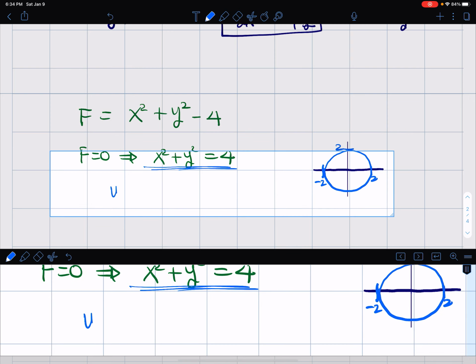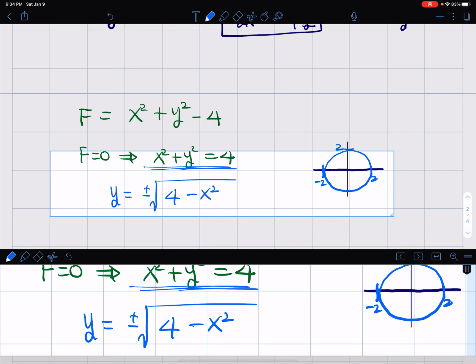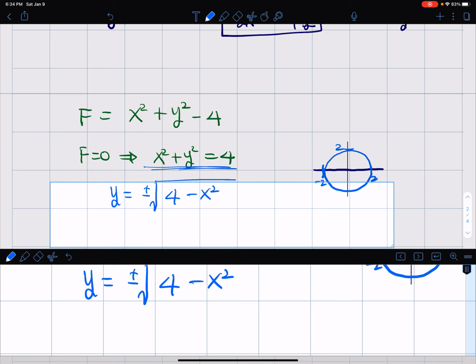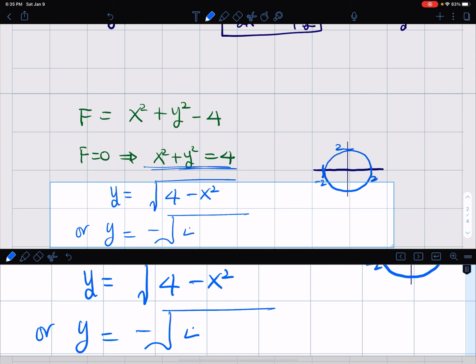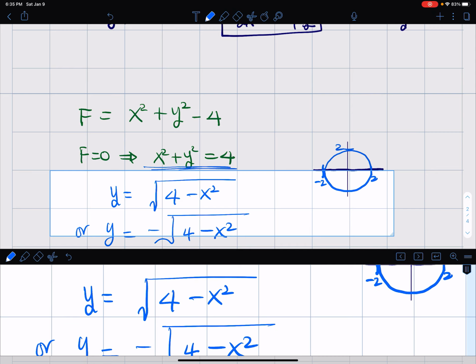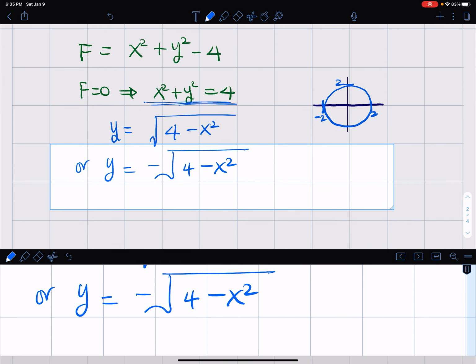But if you solve for y, you get plus or minus the square root of 4 minus x squared. So you split it up as y equals square root of 4 minus x squared and y equals negative square root of 4 minus x squared.